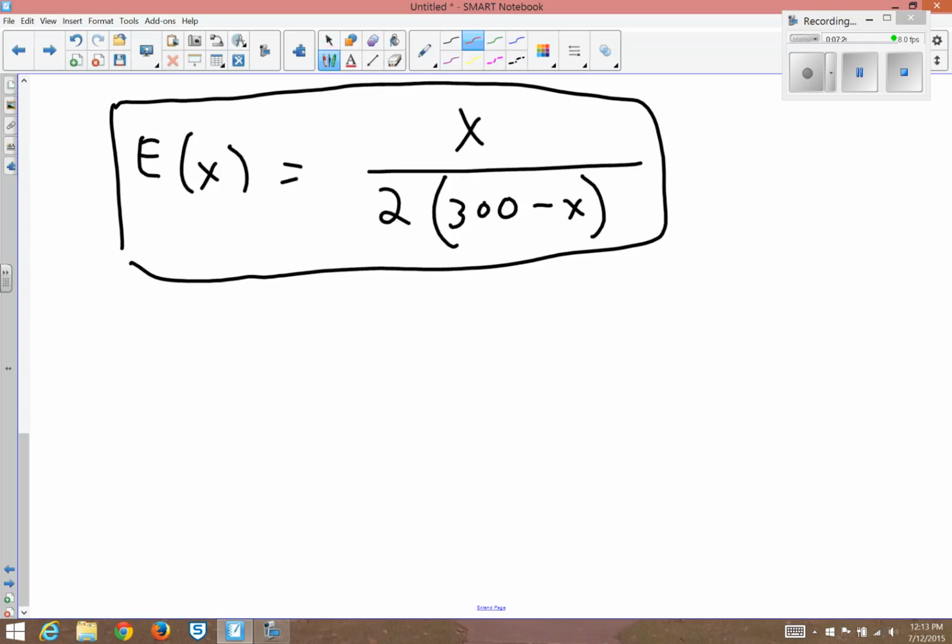For part B, it says find the elasticity at the given price. The given price in the exercise is 250. X is the price. We're going to replace every x with 250.